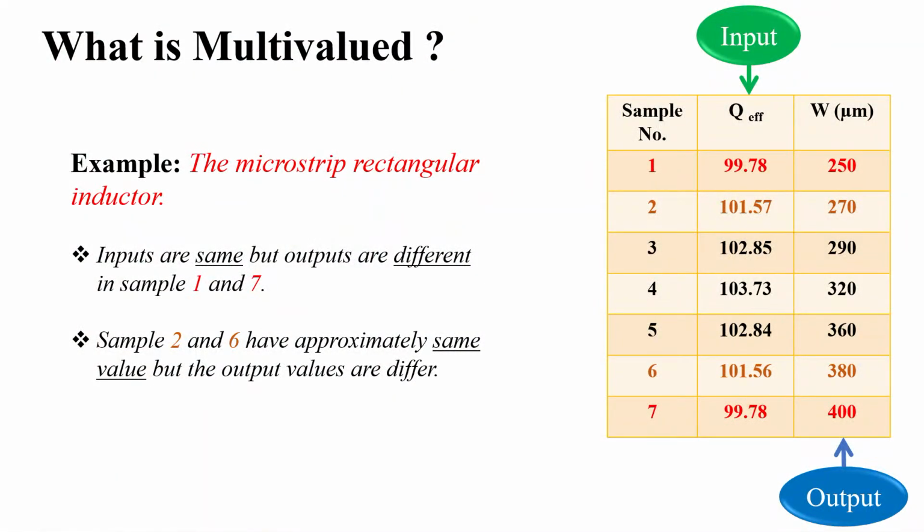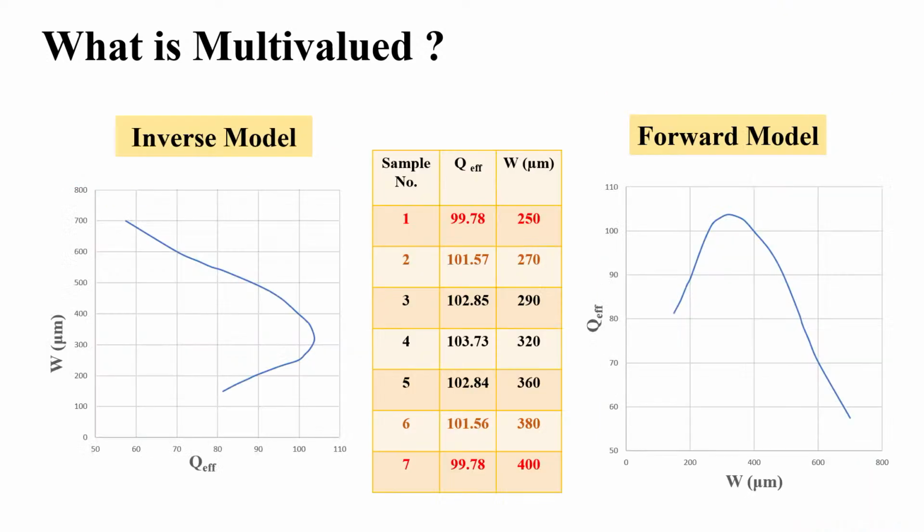Now what is multi-valued? As you can see, with the help of this example, the inputs are the same but the output is different. In serial numbers 1 and 7, the Q effective value is 99.78 and you are getting a different W for both, for the same input, 250 and 400. With the help of this graph, you can easily understand this.